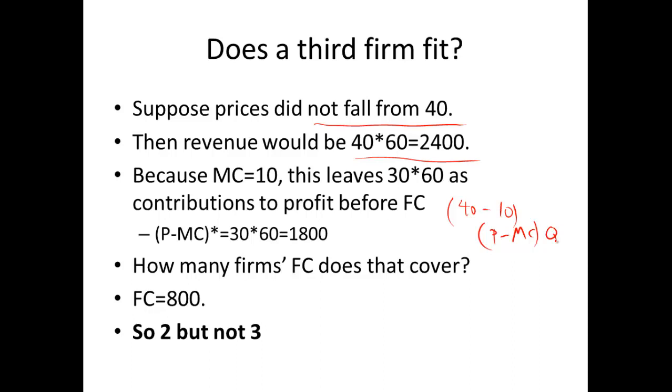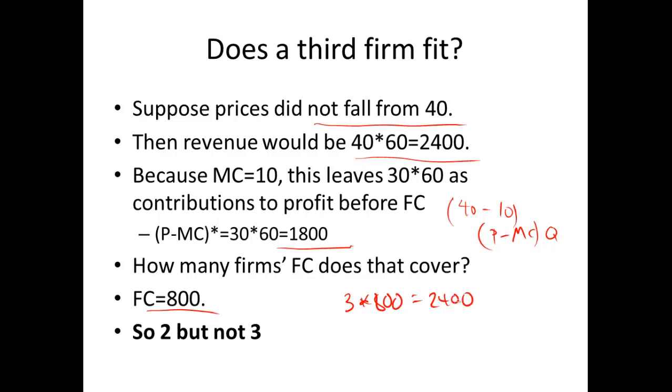So 30 times 60 as the contributions to profit before the fixed costs. And what does that equal? Well, it equals 1,800. Now, how many firms' fixed costs could that cover, given that fixed costs are 800 per firm? Well, it certainly can't cover 3, because 3 times 800 is 2,400.